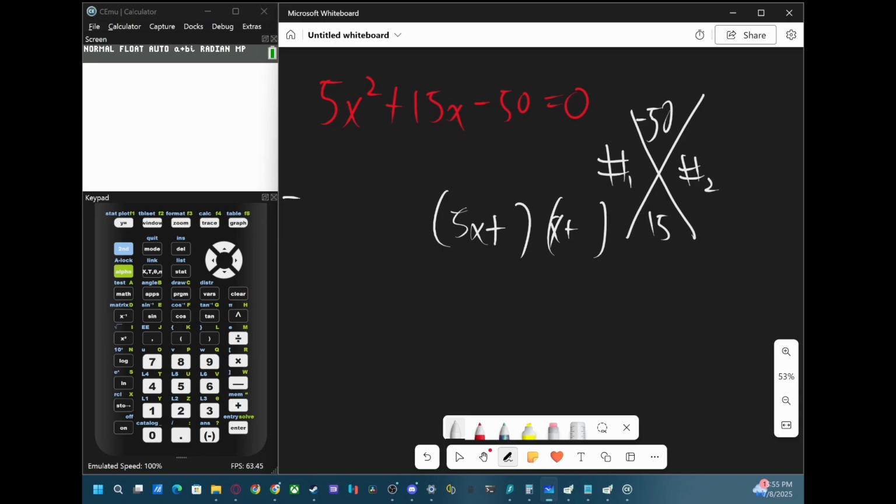All right, first one can be negative 1 and 50. Another one can be negative 2 and 25. Another one can be 5, negative 5 and 10.